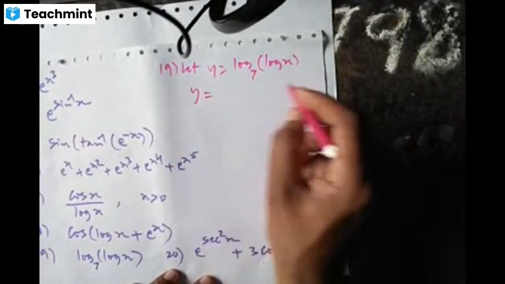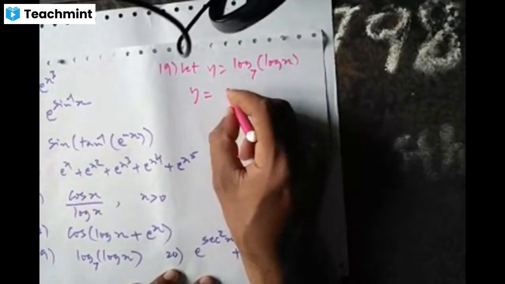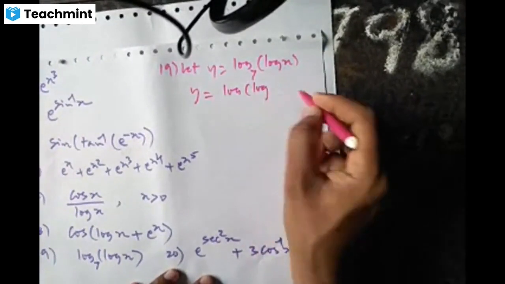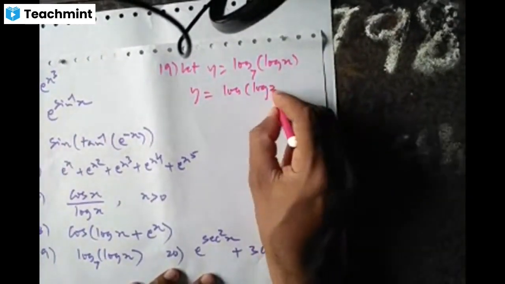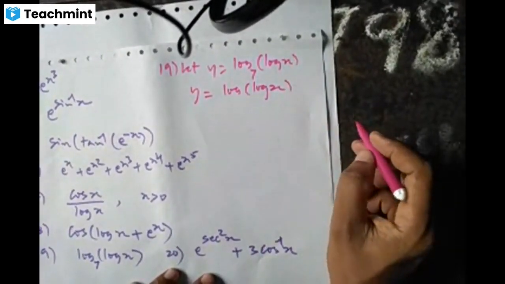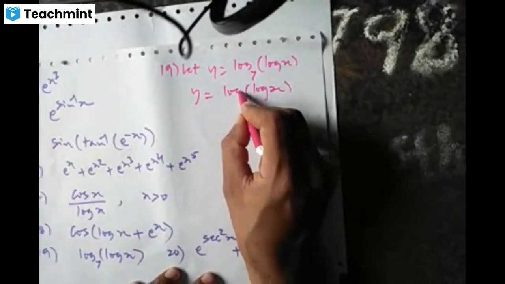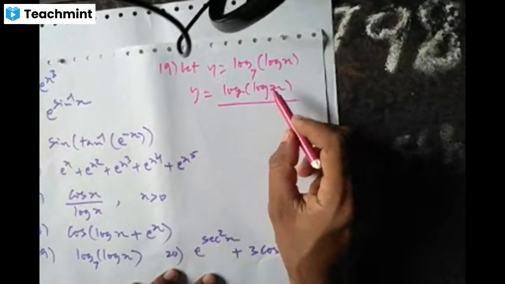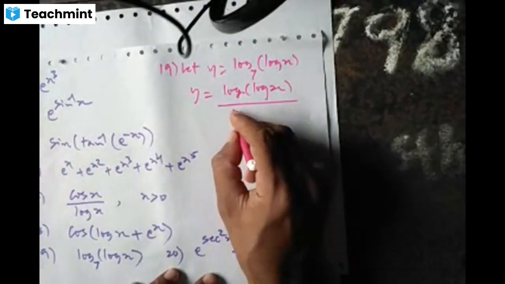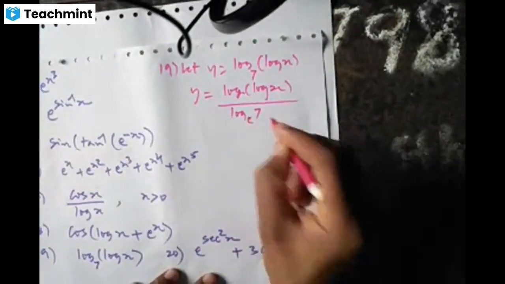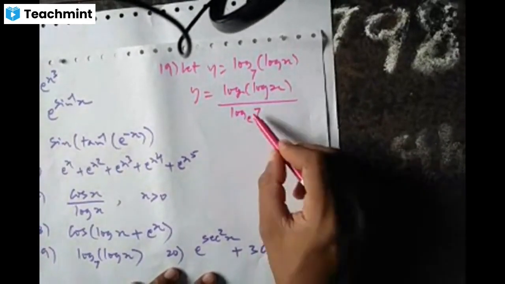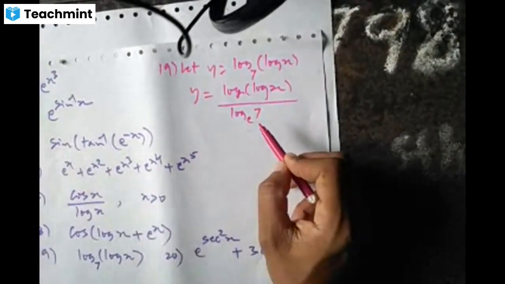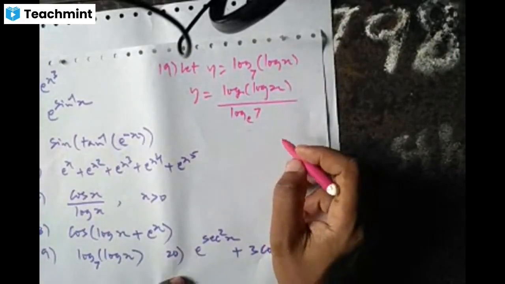Then this becomes log of log x to the base e divided by log 7 to the base e. See, log 7 to the base e is a constant. So 1 by log 7 is a constant, you can take it outside, then you can easily differentiate.